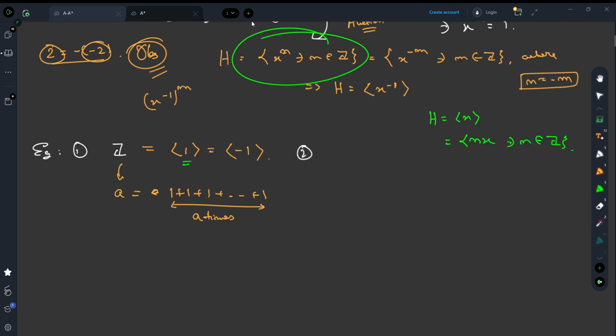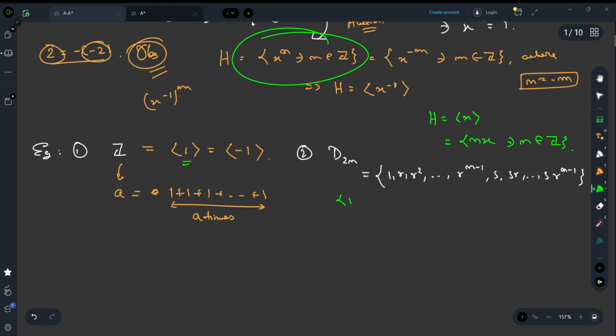Another important example which you have been working with for a long time, but we haven't expressed as a cyclic group: consider D2n. What is an arbitrary structure of D2n? It is 1, R, R squared, and it runs till R to the power n minus 1. Then you have S, SR, and this runs till SR to the power n minus 1. Then observe, if I consider this set 1, R, R squared till R to the power n minus 1, isn't this exactly the group generated by R, by definition?